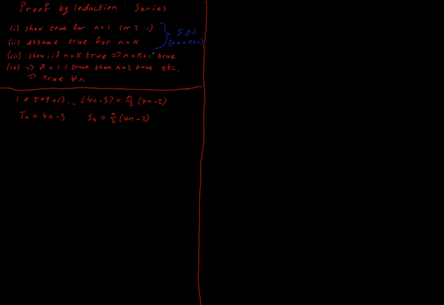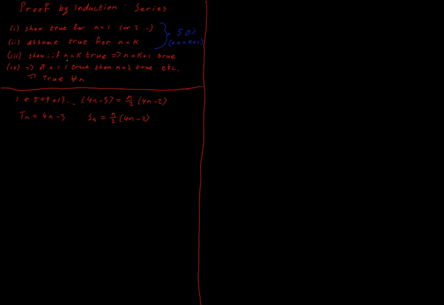Part 3 is where most of the maths happens. It's show if n is equal to k is true, that is, if what we've assumed is true, therefore the next term would also be true. The n equals k plus 1th term would be true.